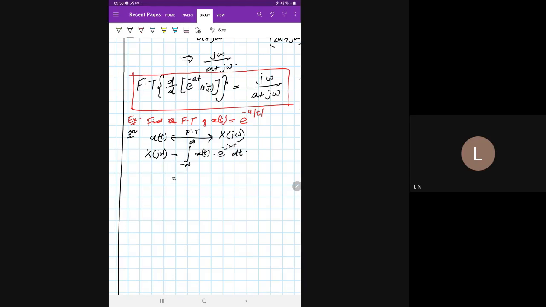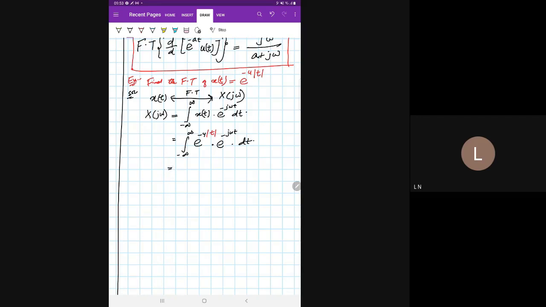Here our x of t is e raised to power minus 4 mod of t, then e raised to power minus j omega t dt.